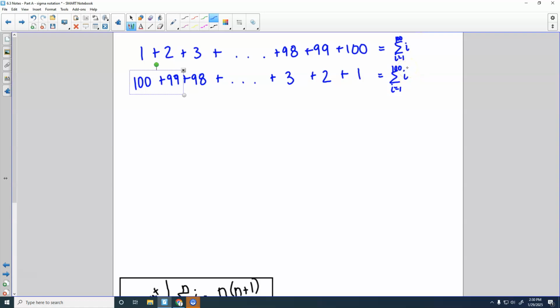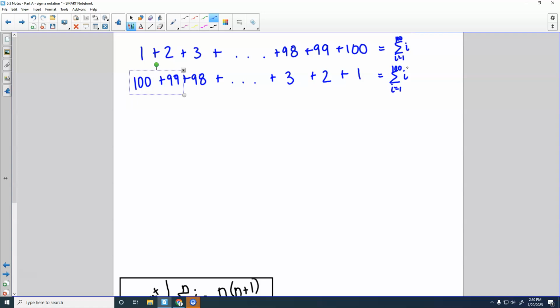Right, order doesn't matter. It's fine if I start with 100. The way you're thinking of doing it is you're going to start with 1, 2, 3, 4, but the numerical value is the same whether I do 1 to 100 or 100 back to 1, right? So these are equivalent to each other.